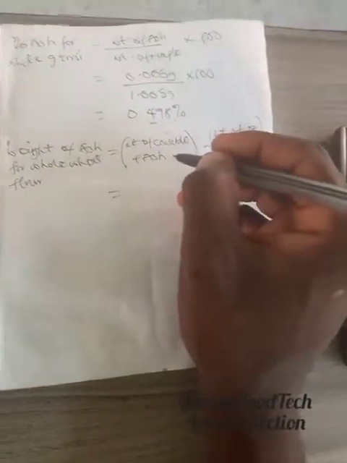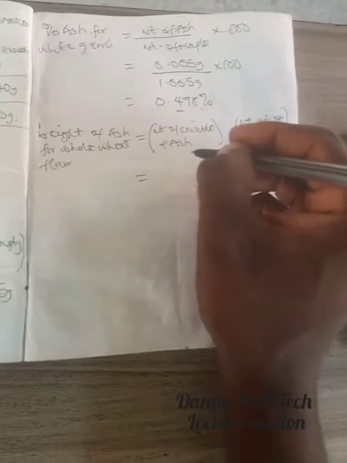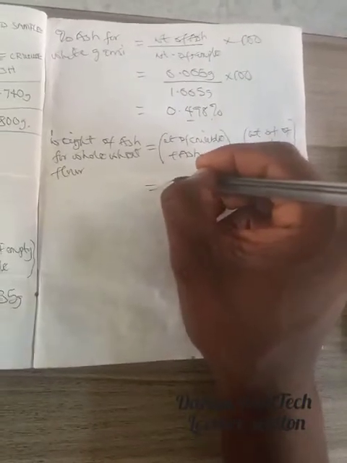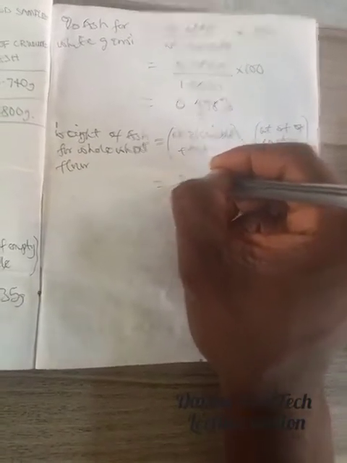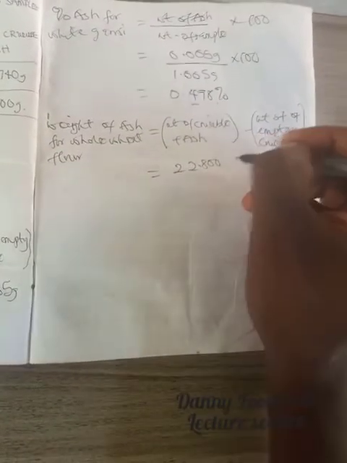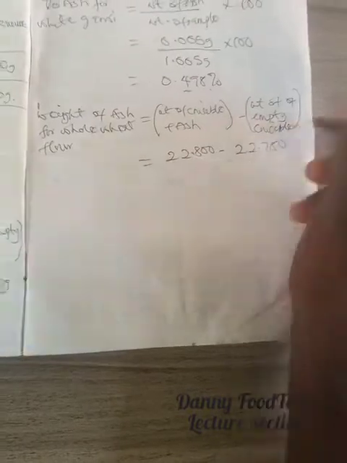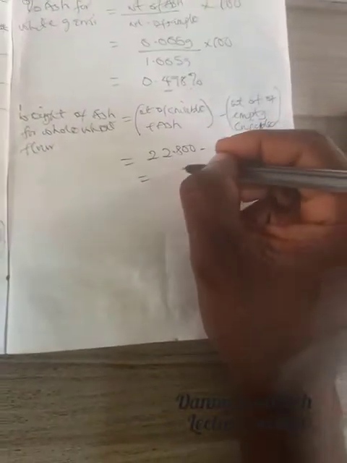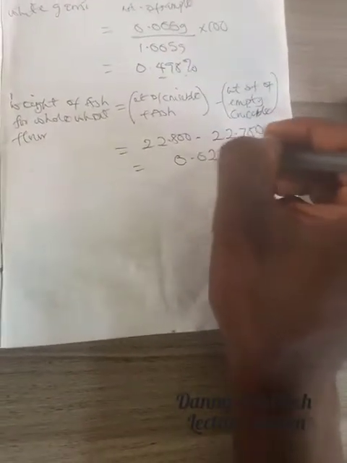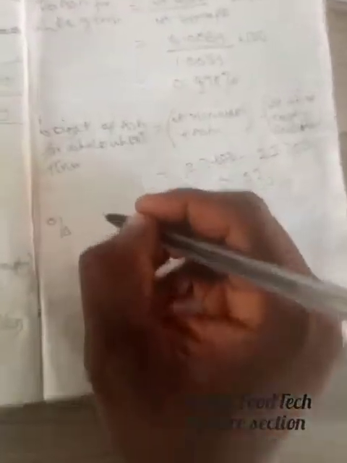The weight of crucible plus ash is 22.800 minus 22.780, and that will give us 0.02 gram.